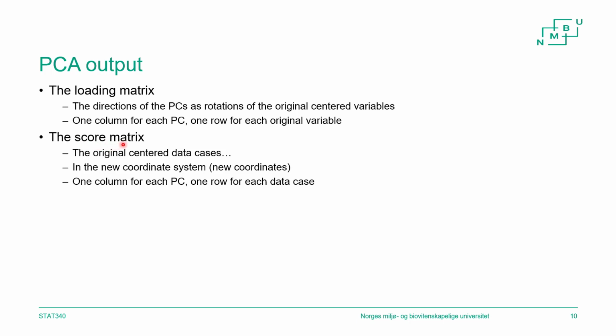If you think back on the previous slide, this small black matrix, this is the score matrix, and it has also one column for each principal component, of which we then choose a subset, right? And one row for each data case. So this matrix looks like the original data in terms of rows and columns. It's just that the columns have been replaced by the principal components.